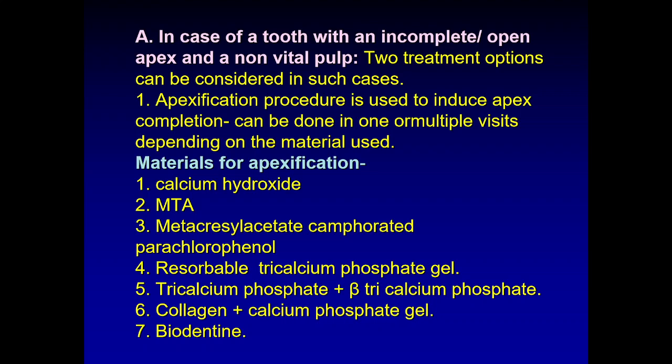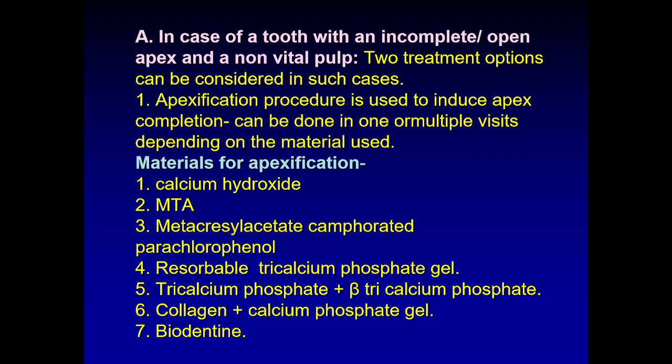It will do what the pulp wants it to do. It will cheer up like, yay, let me do what you want to do. So if the pulp says, I want to regenerate, calcium hydroxide will say, yes, let me give you all the resources to regenerate. Hence, you use it for apexogenesis, to preserve the vitality of the pulp in permanent teeth.